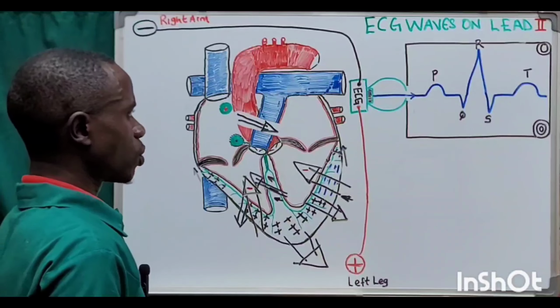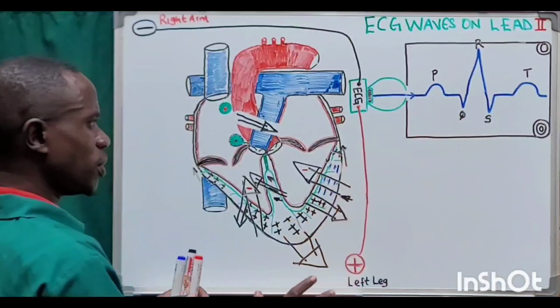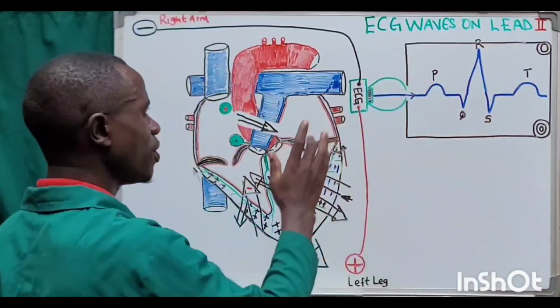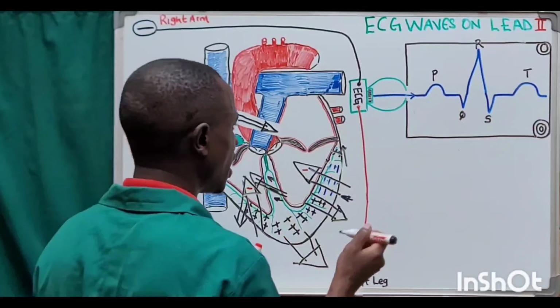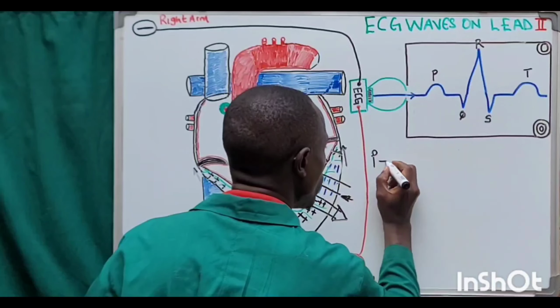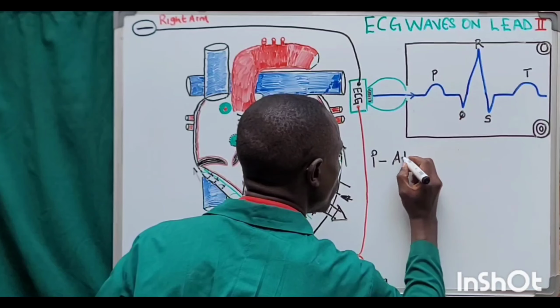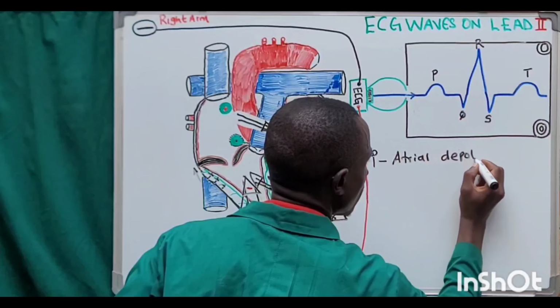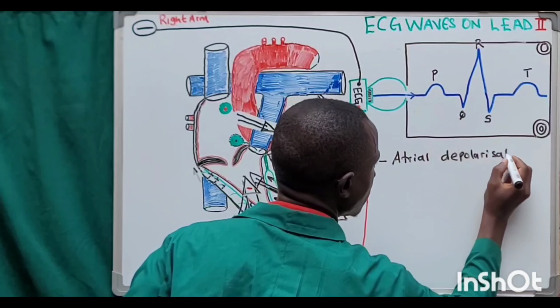Okay. So now, to finish it all, we are going to make a very quick summary of the meaning of all these waves. We said that the P wave denotes atrial depolarization.